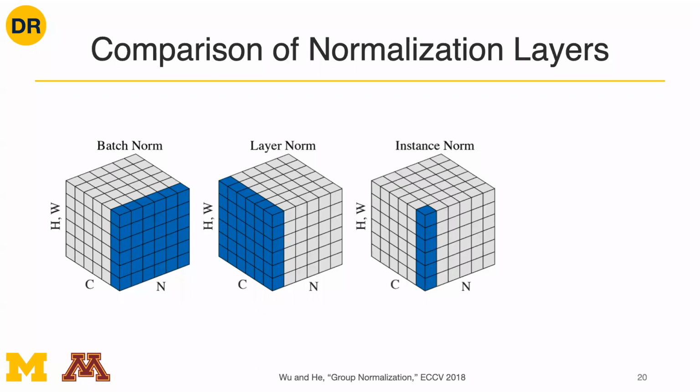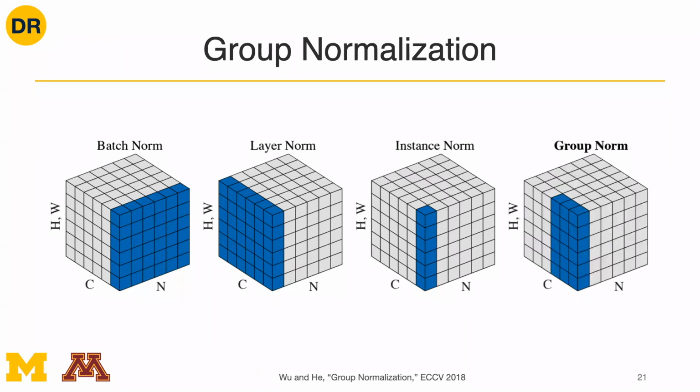All of these have the same inputs, so it's N cross C cross H cross W. Batch normalization happens on the batch dimension. Layer normalization happens on the depth of your inputs, whereas instance normalization happens for every particular cell or pixel in your image separately.